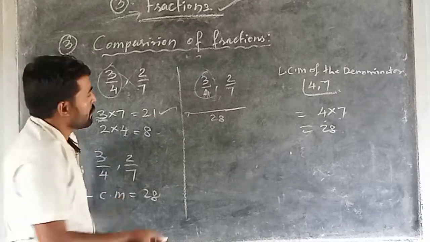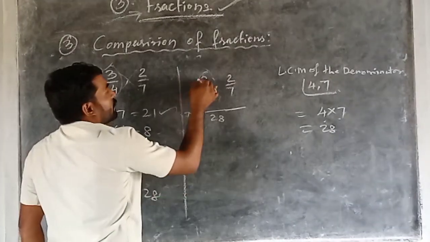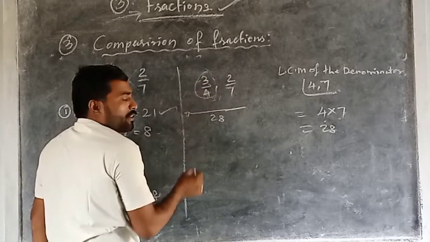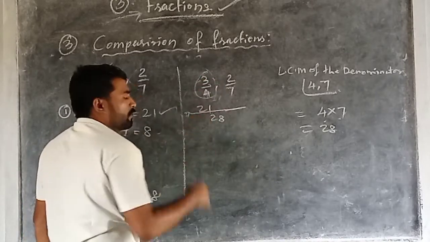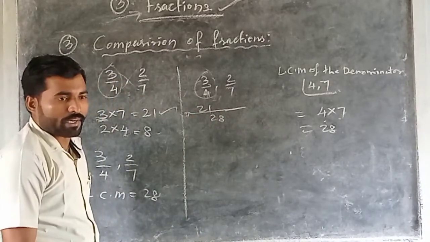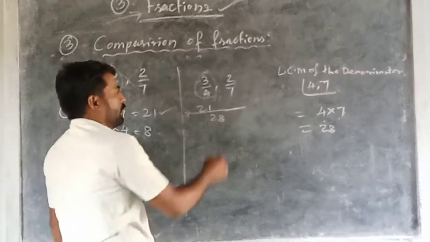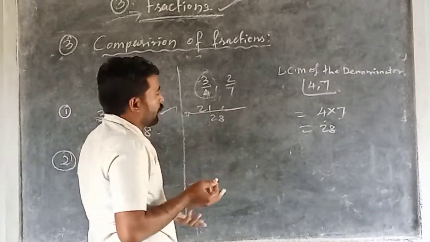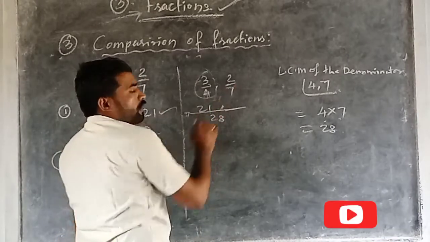Now this 7 and the numerator you multiply. 7 threes are 21. We are not doing addition, right? Comma. Now look at the second one.